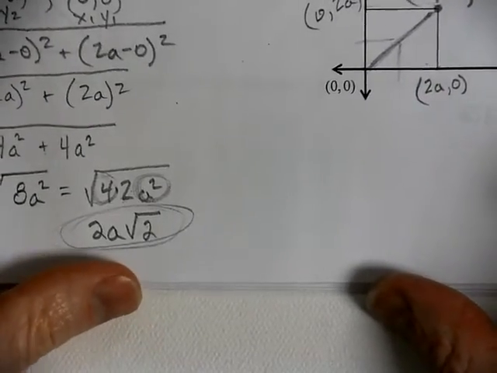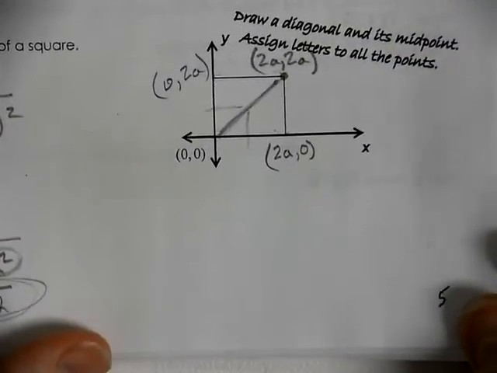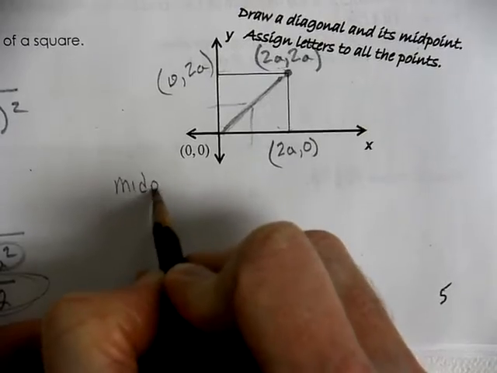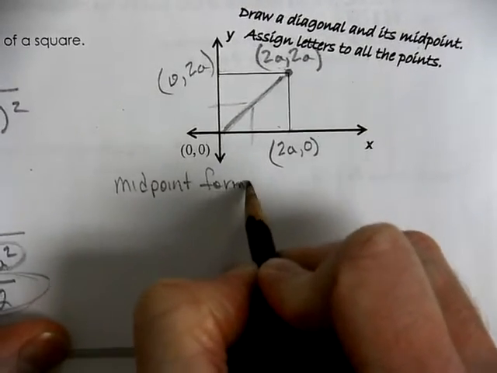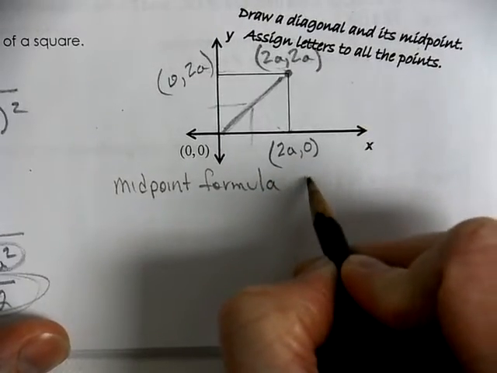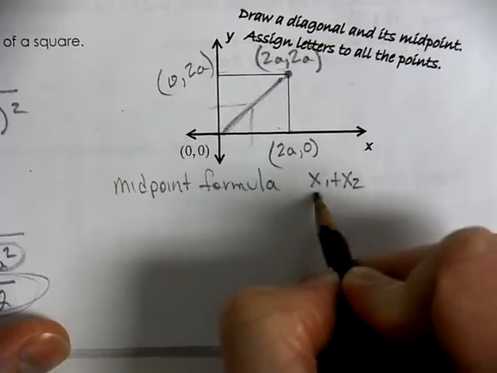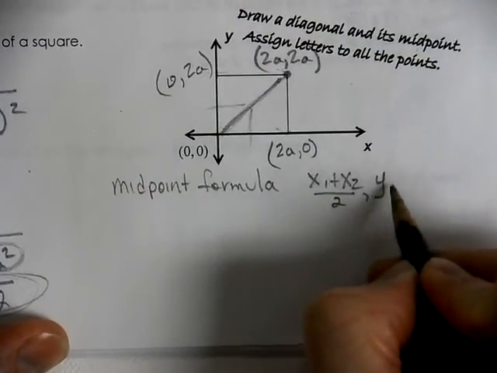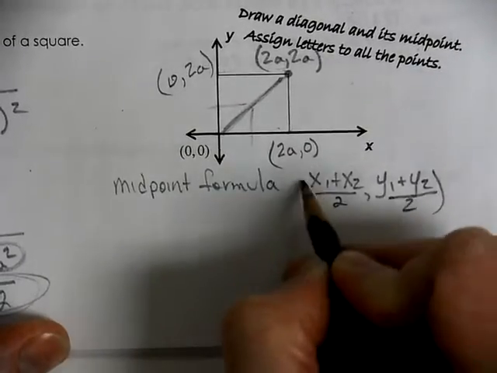Then we look for the midpoint. So our midpoint formula, we know that that's going to be x1 plus x2 divided by 2, and y1 plus y2 divided by 2.